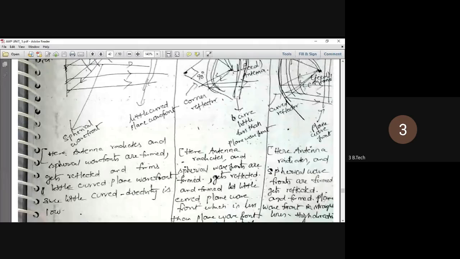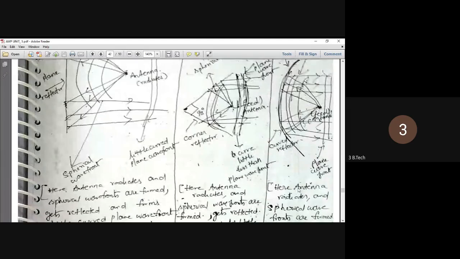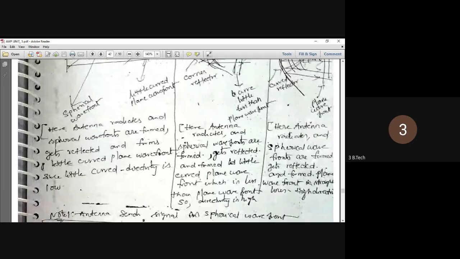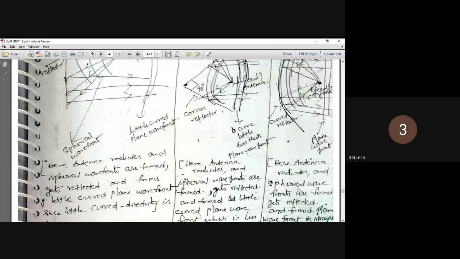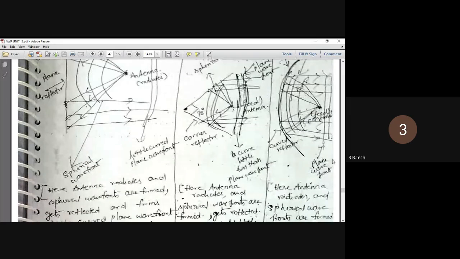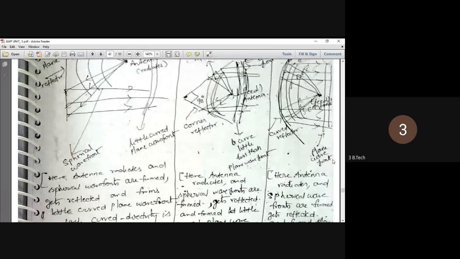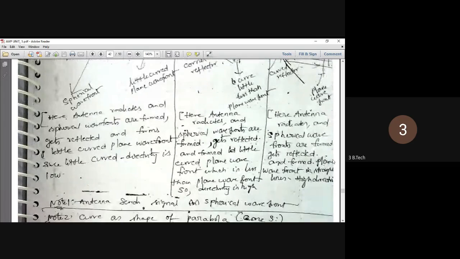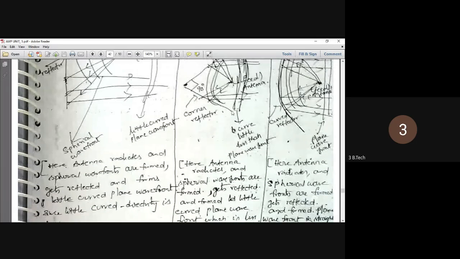Here also the antenna radiates first. The radiations will be in the form of spherical wavefronts. Then it gets reflected and forms plane wavefronts. What plane wavefronts are we observing now? They are straight. So the directivity is high. First it was little curved, then a little less curved, and now a straight line.